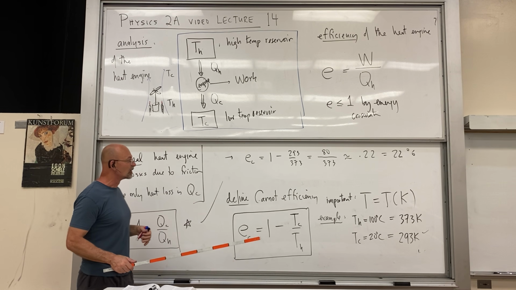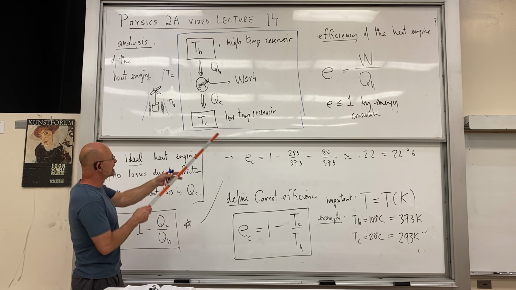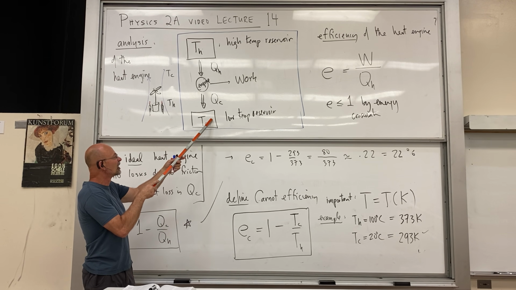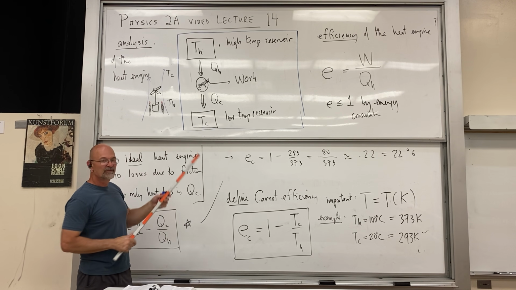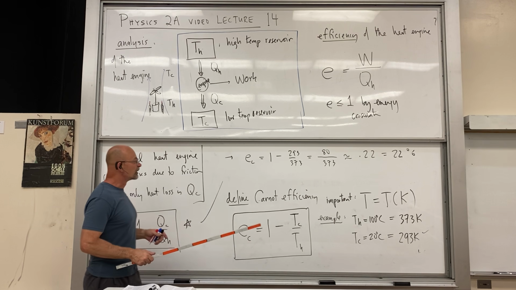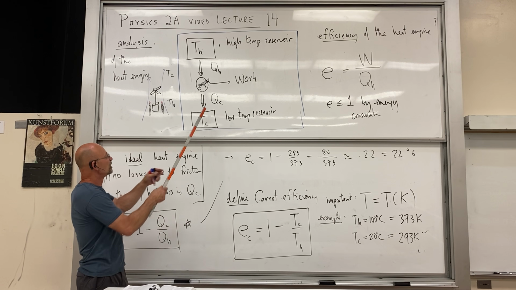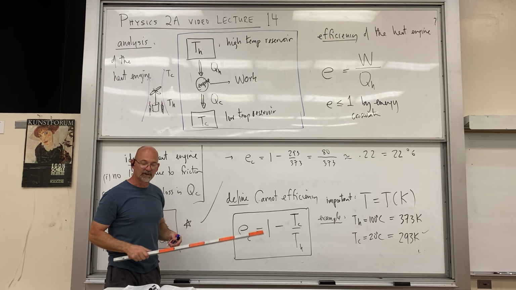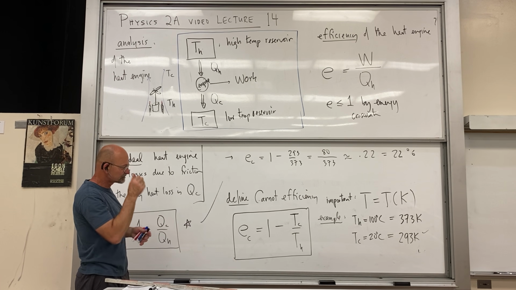It'll become heat soaked, and then effectively this TC goes up. It's effectively no longer that low, and then your efficiency goes down. So it becomes very important to draw away this waste heat as efficiently as possible, as effectively as possible.